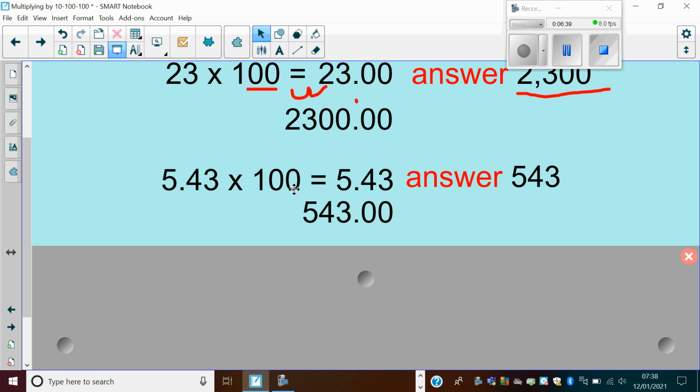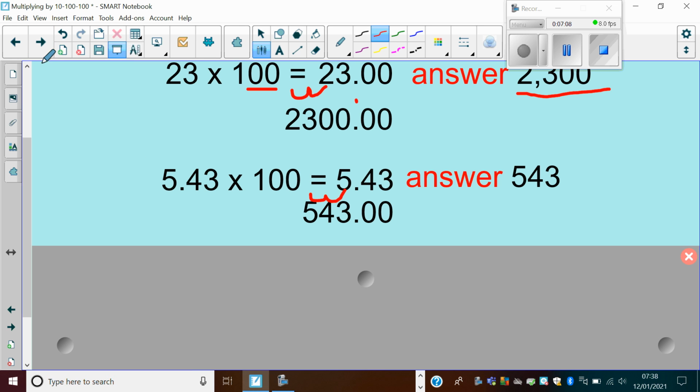I've got 2 zeros in my question, and I'm going to move the number 2 places to the left. 1, 2, move the whole number. I move the 4 2 places to the left and the 3 2 places to the left, and I have 543.00. No other digits left, so my answer is 543.